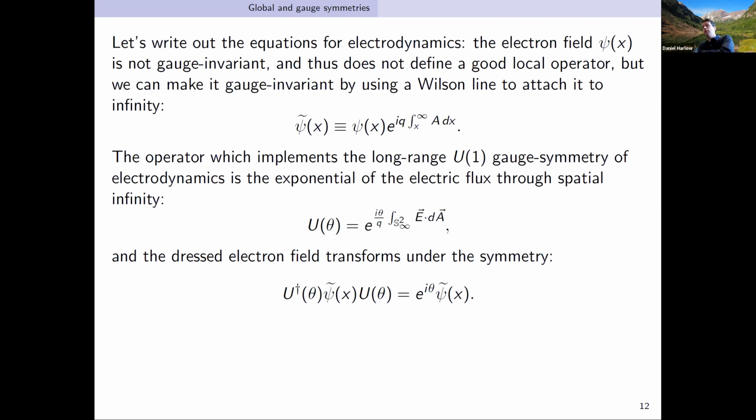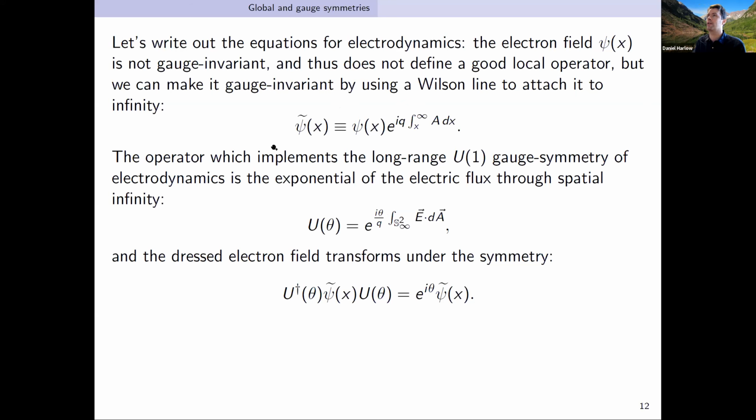Now, the operator that implements the long-range U1 gauge symmetry in electrodynamics is the exponentiated electric flux through spatial infinity. So we just take the integral of E dot dS through the two-sphere at infinity, and then we treat that as a charge. Don't worry about where the Q's are; that just has to do with how you define things. Then this theta is the group element that tells you where you are in the group U1.